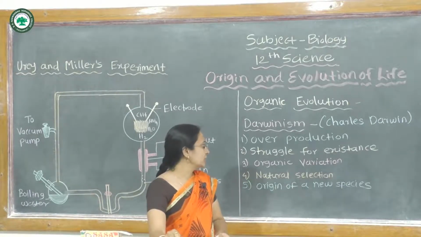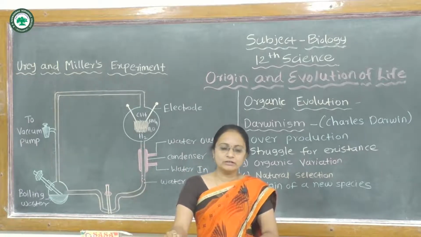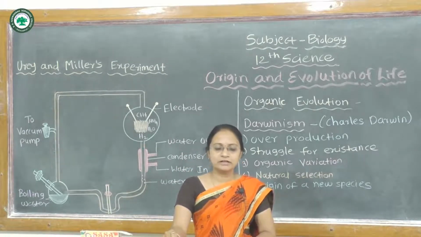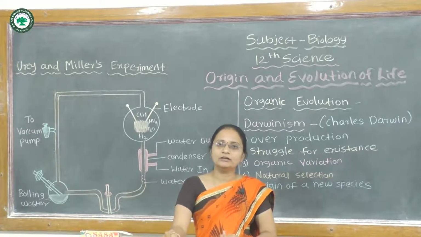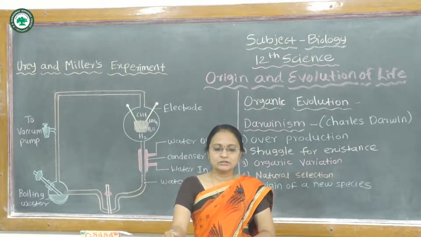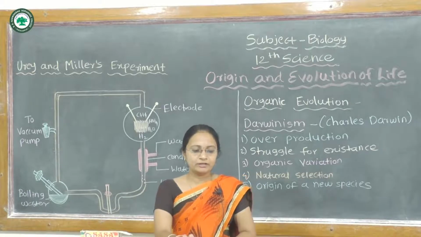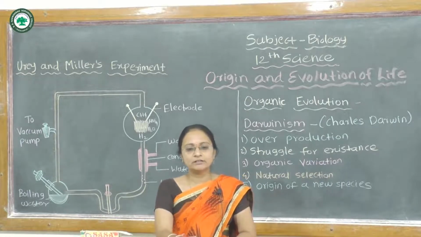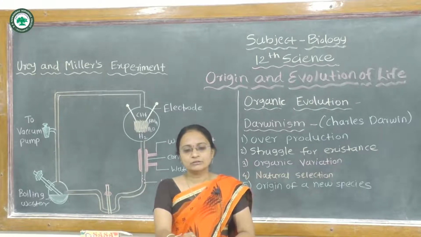The next one is natural selection. This organic variation serves as evidence that some organisms are better adapted to survive under changing climatic conditions. In the struggle for existence, organisms with favorable variation are selected by nature, while those with unfavorable variation perish.